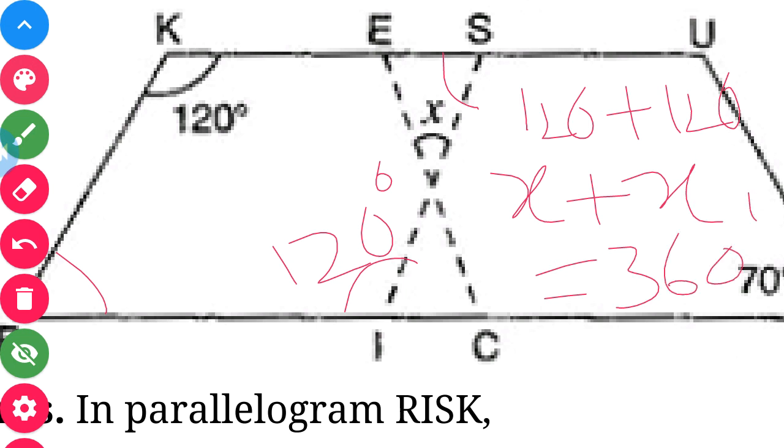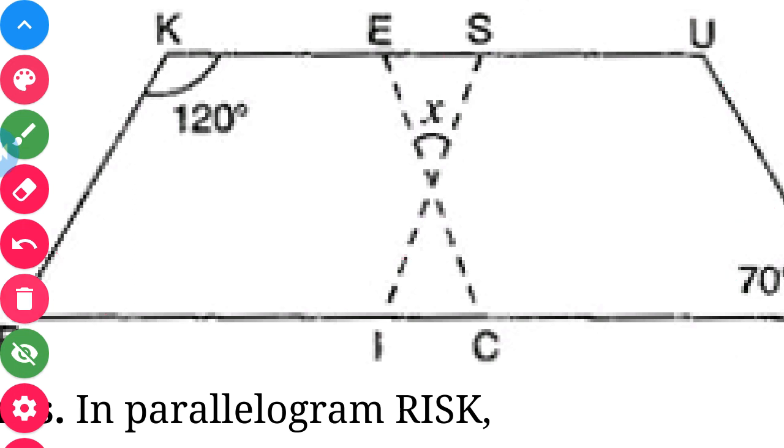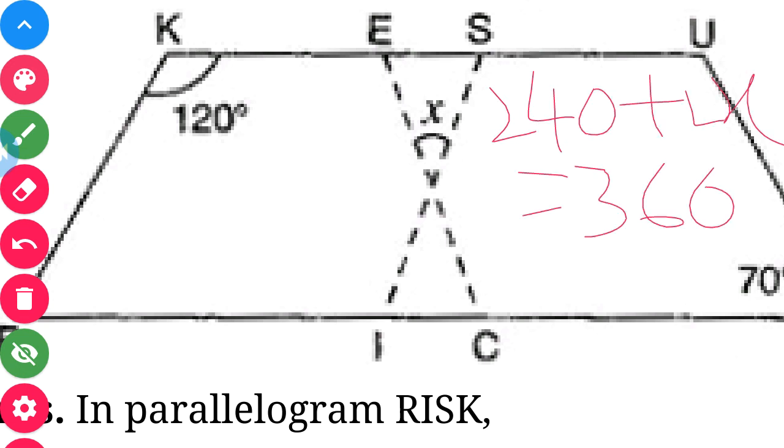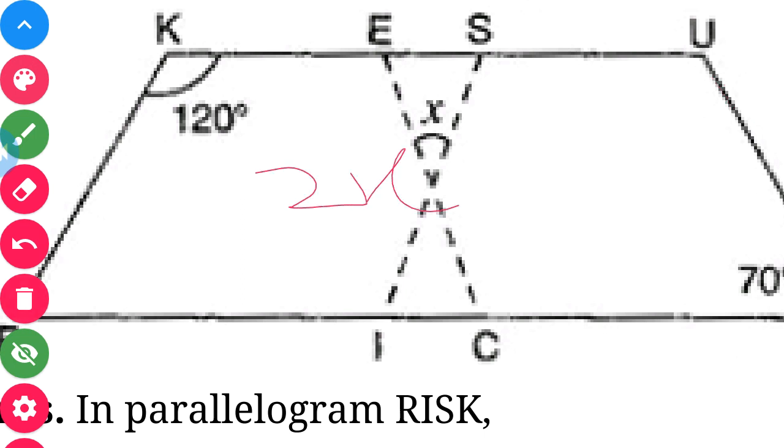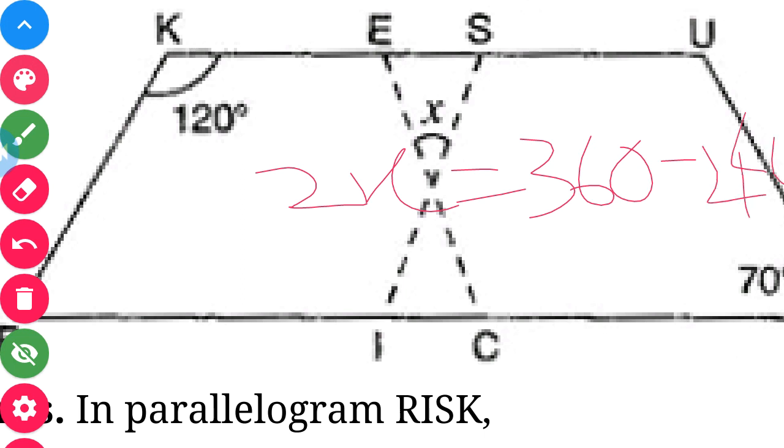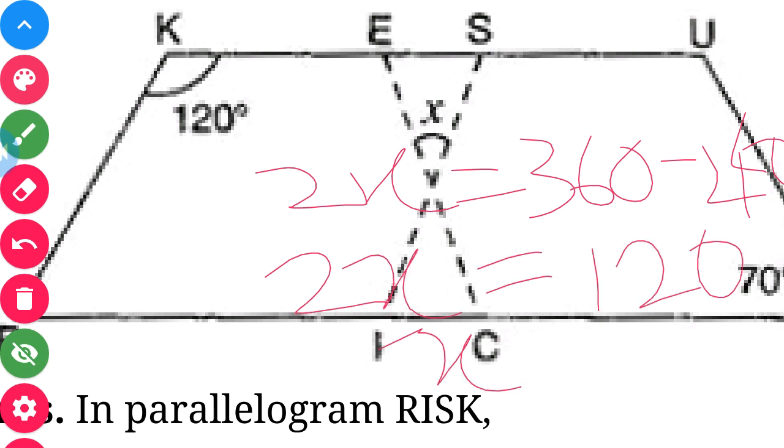That is how we are going to find it. Simplifying, I get 240 plus 2x is equal to 360°. When I transpose this 240 to the other side, I need to subtract it. So 2x is equal to 360 minus 240, which is 120. So 2x is equal to 120 and x is equal to 60.